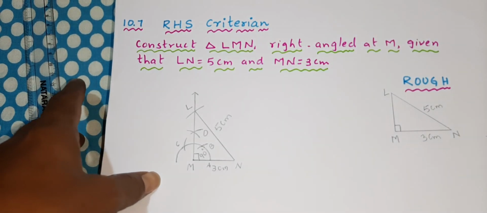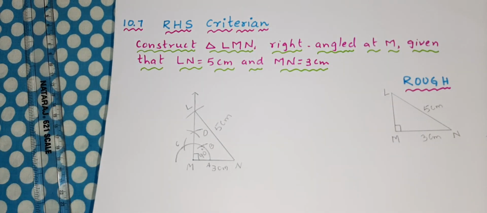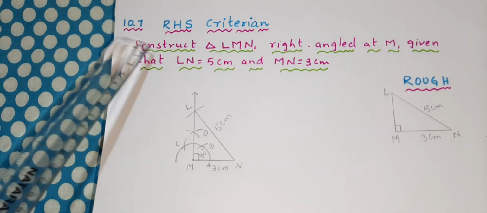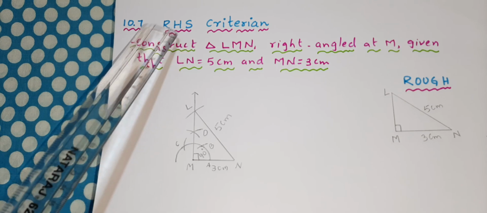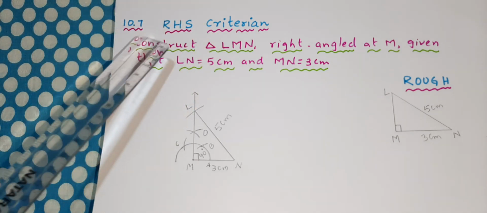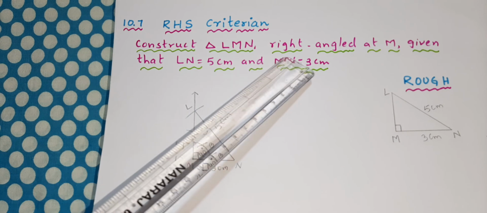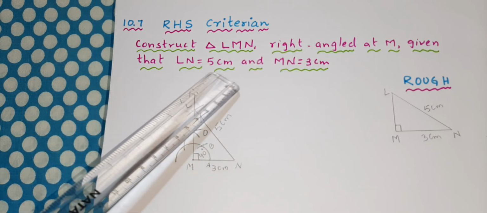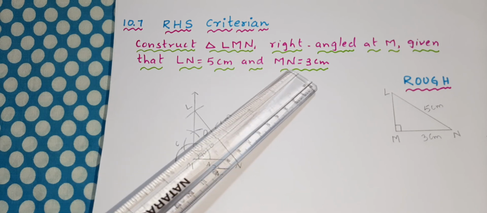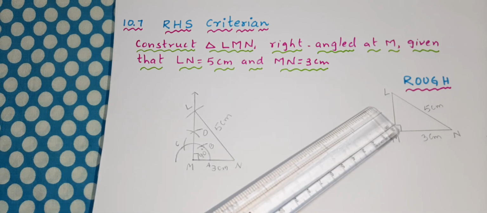Is this clear? So once again I am going to explain to you. You can listen carefully. We are going to construct a triangle LMN by using RHS criterion, that is right angle hypotenuse side criterion. So now construct a triangle LMN, right angle at M, given that LN is equal to 5 centimeter and MN is equal to 3 centimeter. Draw the rough sketch LMN, right?